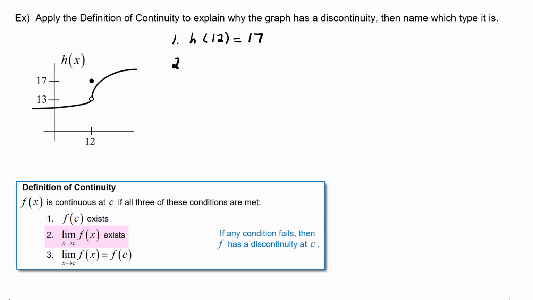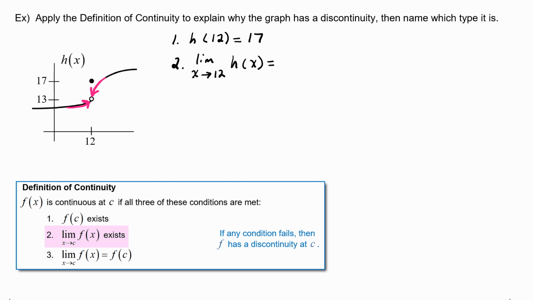Step 2 says we have to look at the limit as x approaches 12 of h of x. Once again, we can quickly do a two-sided limit, because as x comes into 12 from the left, the function is going to 13, and as x comes into 12 from the right, the function is also going to 13.